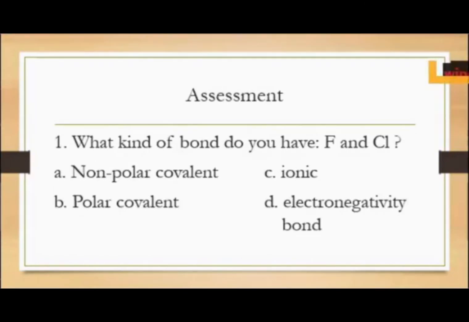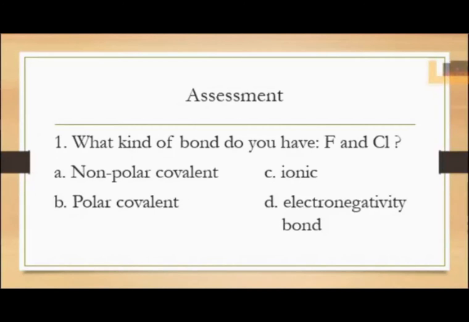What kind of bond do you have for fluorine and chlorine? Letter A, nonpolar covalent. Letter B, polar covalent. C, ionic. D, electronegativity bond. Again, what kind of bond do you have if you have fluorine and chlorine? A, nonpolar covalent. B, polar covalent. C, ionic.